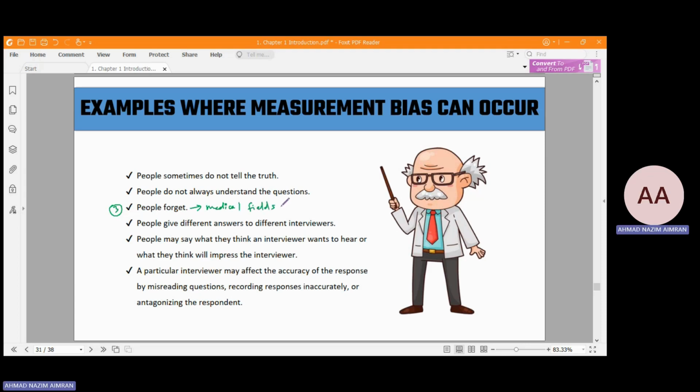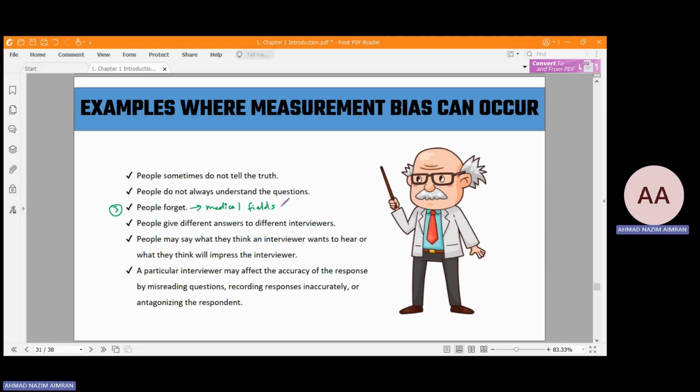For example, the questions ask the respondent about the times of having headaches in the last 2 months. How many times have you experienced a headache in the last 2 months? So this kind of question we also call a recall dependent question, and people forget.